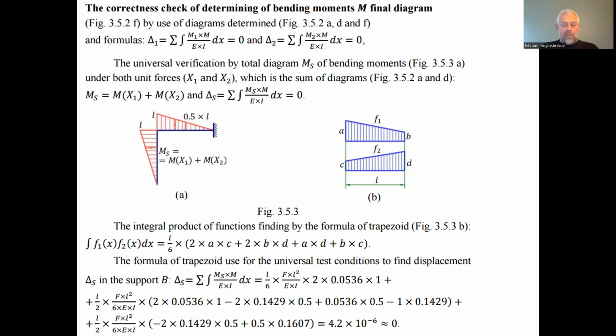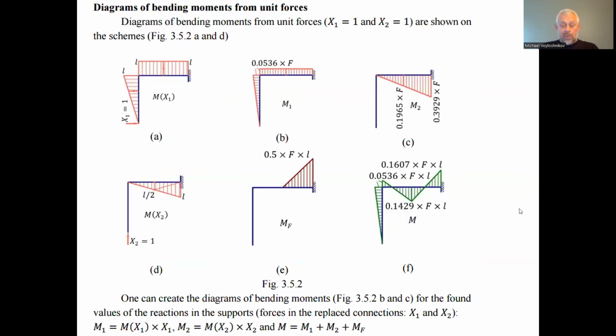The diagram of the bending moments is the integral of the diagram of the shearing force, and accordingly the diagram of the shearing force is the derivative of the diagram of the bending moment. So we have the diagram of the bending moment, now how to find the diagram of the shearing forces.